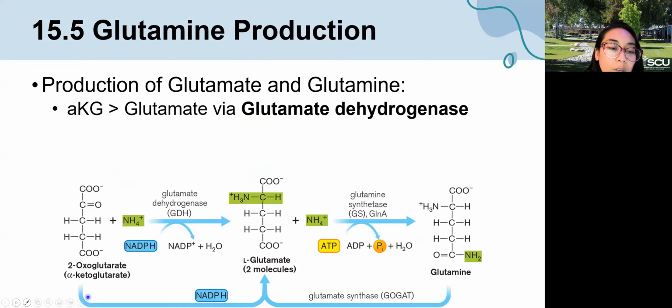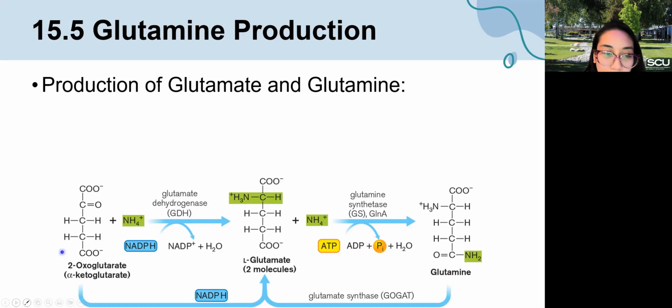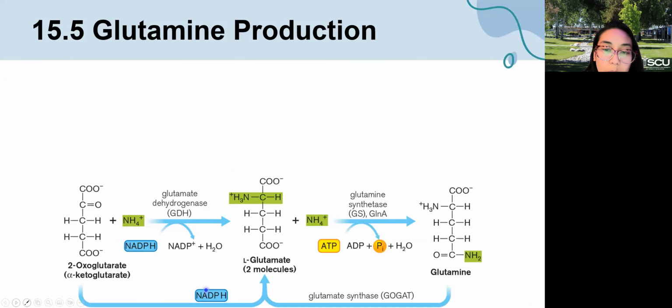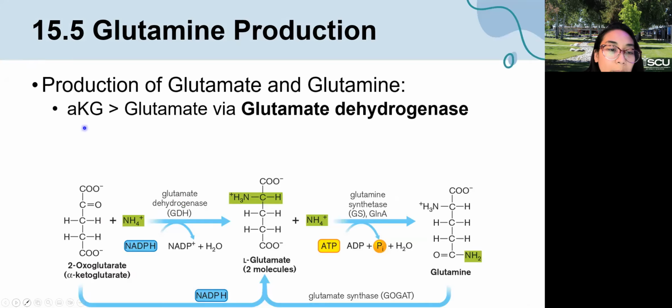So alpha-ketoglutarate is really the central part. You'll see here that alpha-ketoglutarate, which is also known as oxoglutarate, is used to make the glutamate and the glutamine, right? So that's what we're focusing on. AKG, which is alpha-ketoglutarate, can be converted into L-glutamate using this enzyme called glutamate dehydrogenase, or GDH.